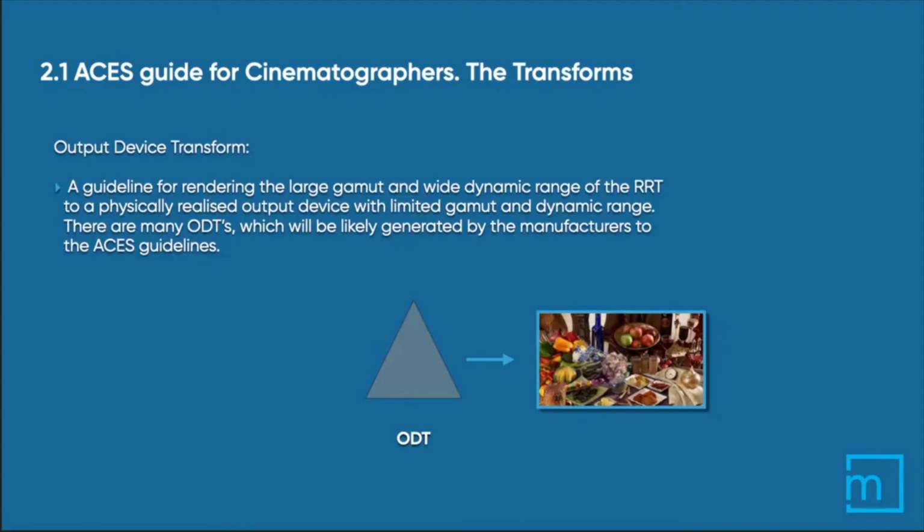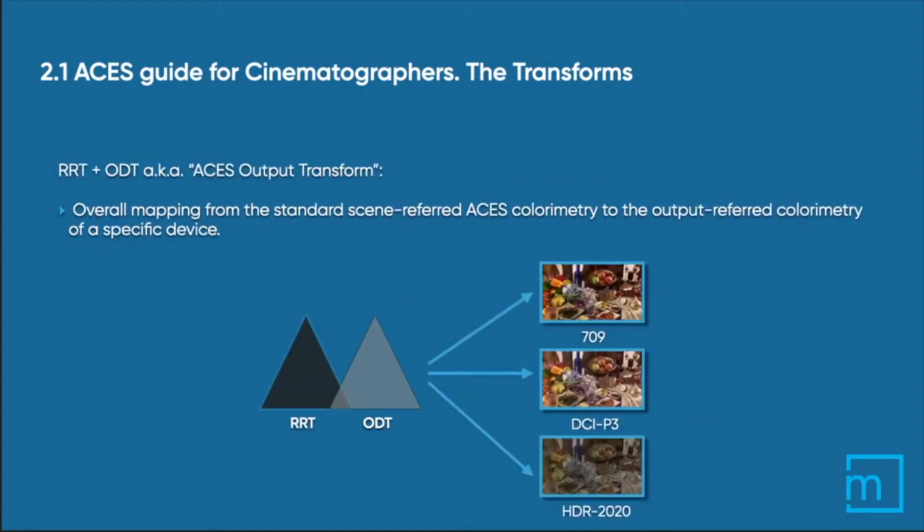Then we have the ODT, or the output device transform. Most of the time we will see them together as RRT and ODT, or the ACES output transform, which, as per the 1.0 naming convention, is the overall mapping from the standard scene referred ACES colorimetry to the output referred colorimetry of a specific device or family of devices.